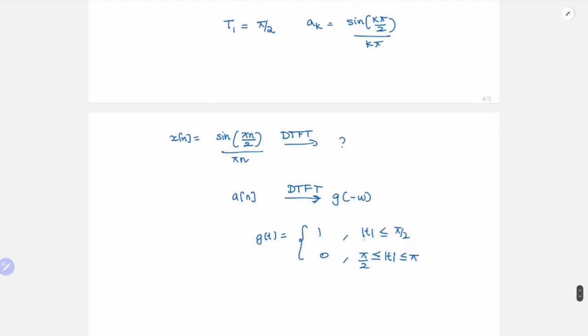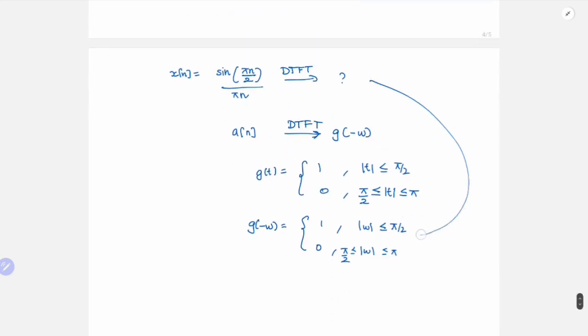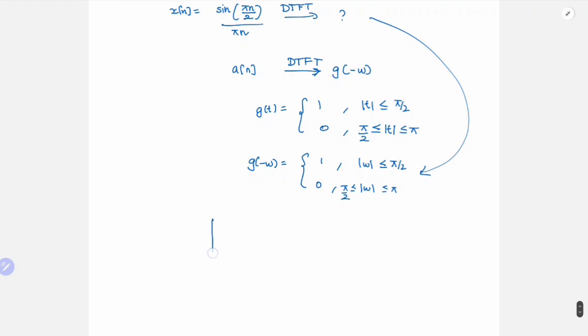So for g of minus omega, since it is even symmetric, it is the same as g of omega; I just need to replace t with omega. So 1 for mod omega less than or equal to pi by 2, and 0 for pi by 2 less than mod omega less than or equal to pi. So this is going to be my discrete time Fourier transform.